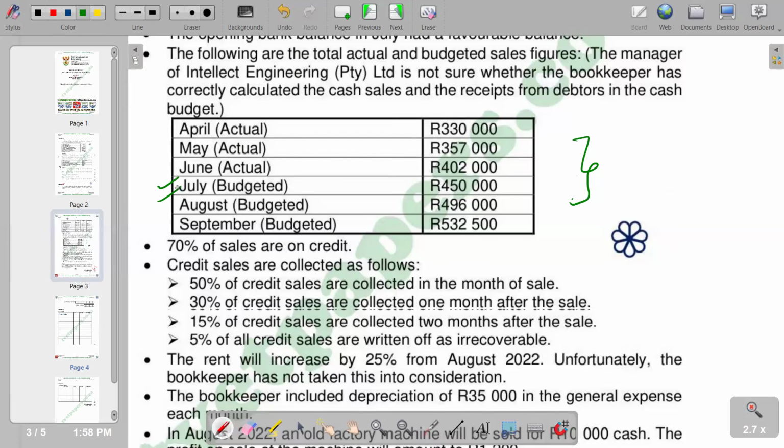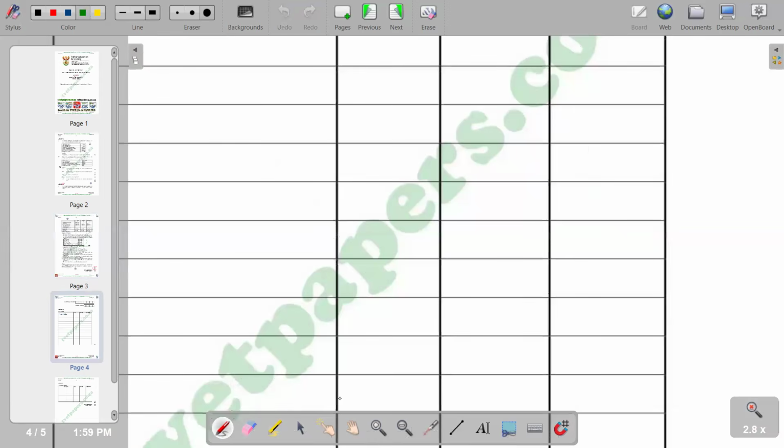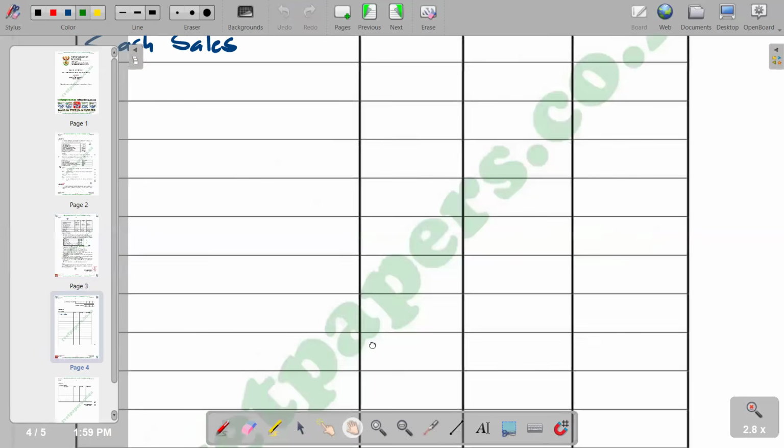We are given that 70% of sales are on credit, so 100 minus 70 gives you 30%, which is on a cash basis. So this is the one that we want to calculate in our cash budget, our cash sales.